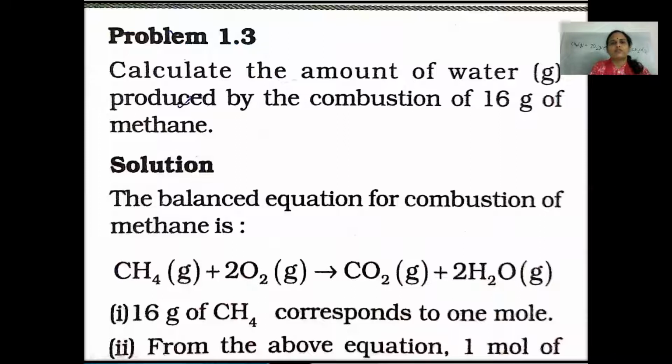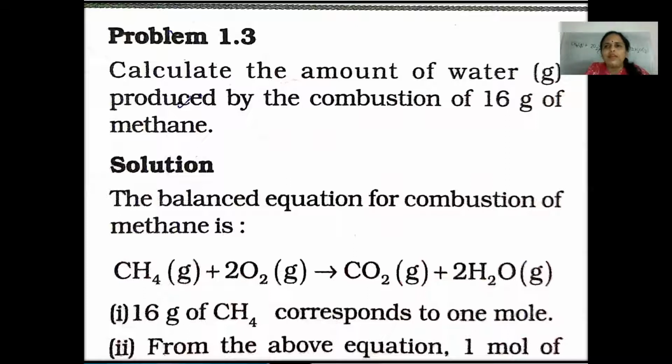Look at this question. Calculate the amount of water produced by the combustion of 16 grams of methane. So here you need to write the combustion equation first. Methane has the molecular formula CH4. CH4 reacts with oxygen. Combustion is treatment with excess of oxygen.